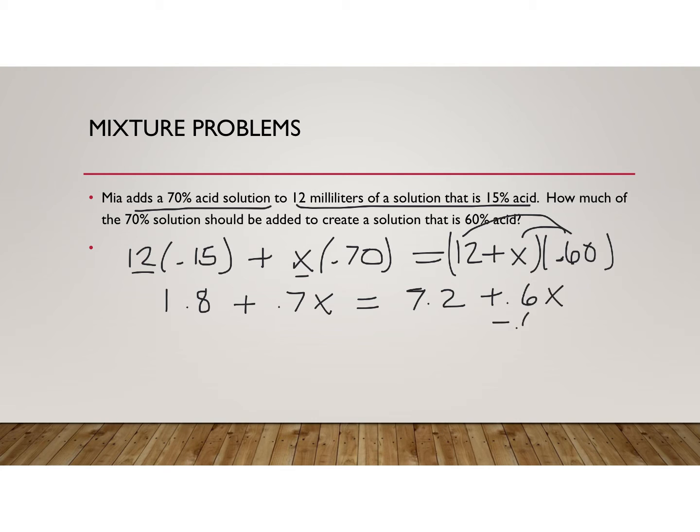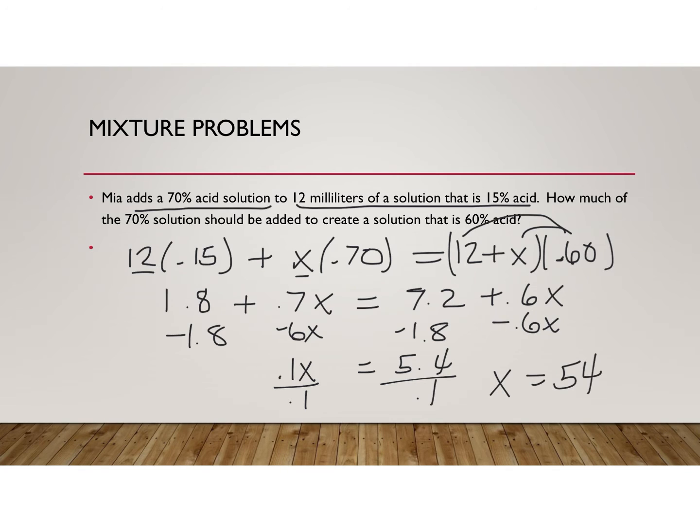I'm going to subtract 0.6x from both sides, which is 0.1x. I'm going to subtract 1.8 from both sides, which is 5.4. And then I'm going to divide by 0.1, which is going to give me x to be 54. So I would need to add 54 milliliters of a 70% solution to create a mixture that is 60%.